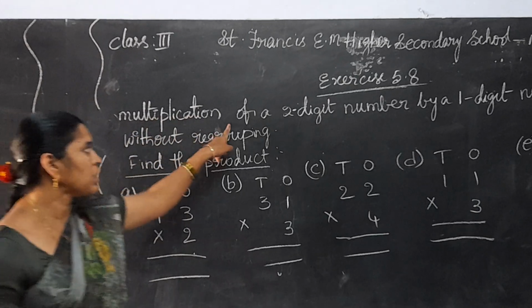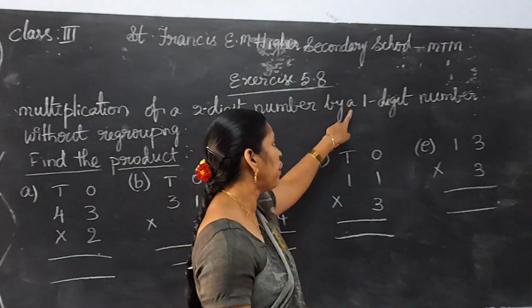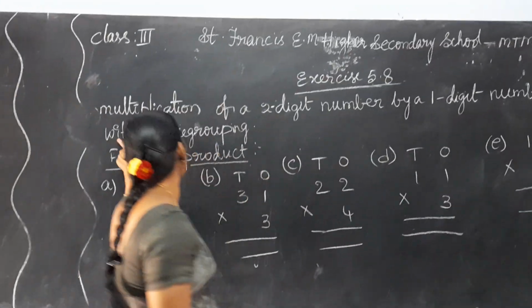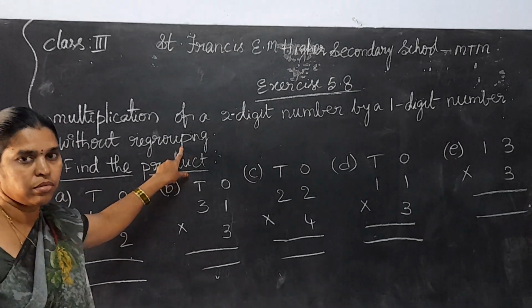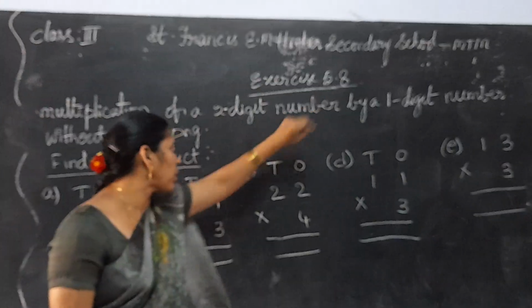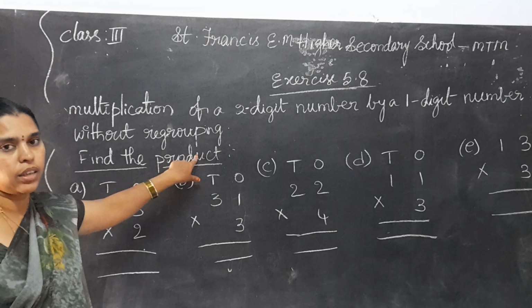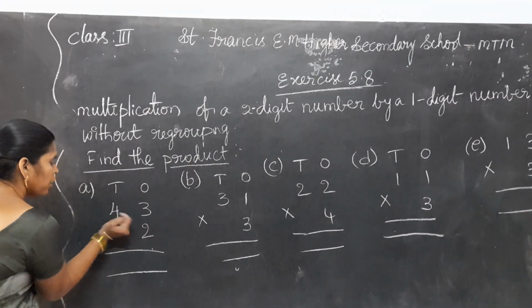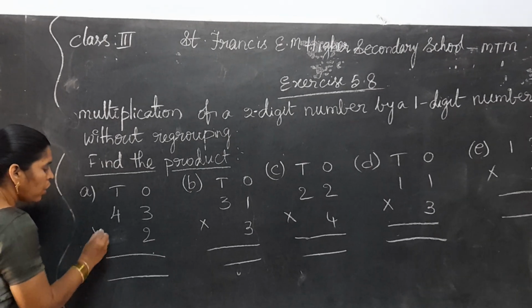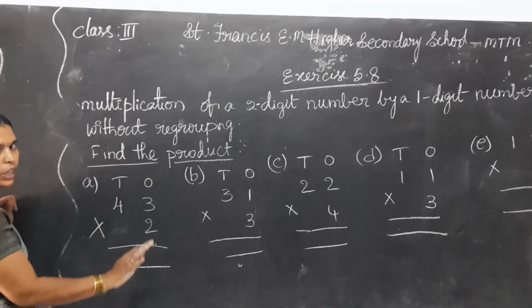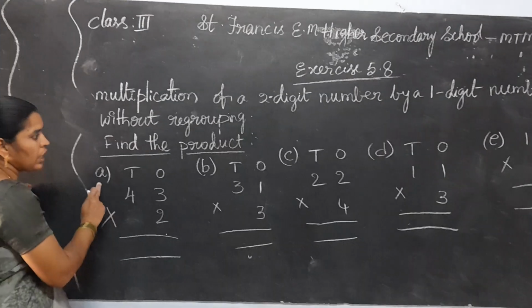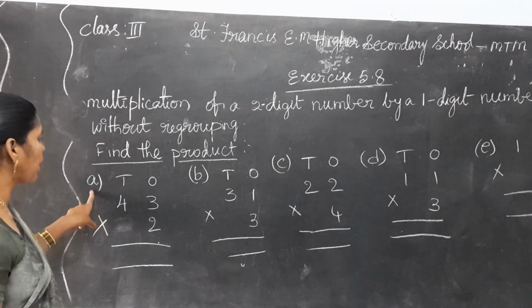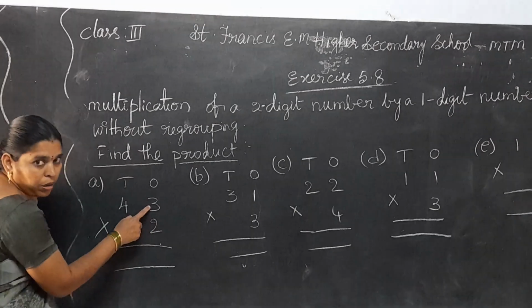See, multiplication of a 2-digit number by 1-digit number without regrouping. So, that is exercise 5.8. Find the product. See, this is a 2-digit number. You are going to multiply by 1-digit number without regrouping. Okay. So here, see, A1. 2 3s are how much?